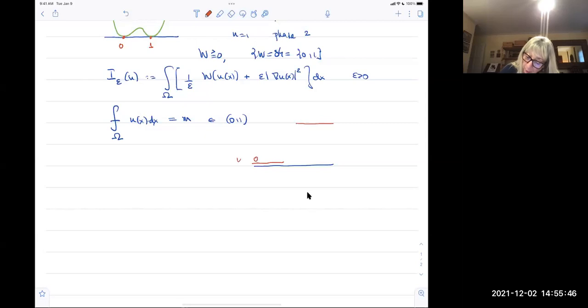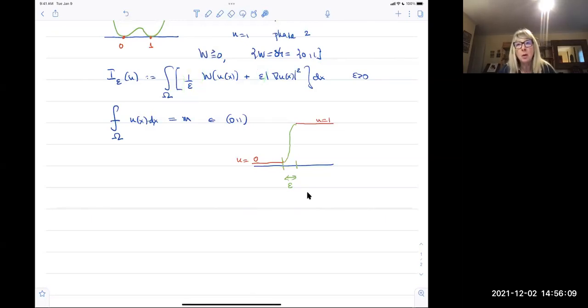This will be u equal to 0, this will be u equal to 1. In between, you're going to have a smooth transition, say on a layer of width epsilon. This is a back of the envelope calculation that we made last time to justify these scalings: why do I put the 1 over epsilon here and an epsilon there?